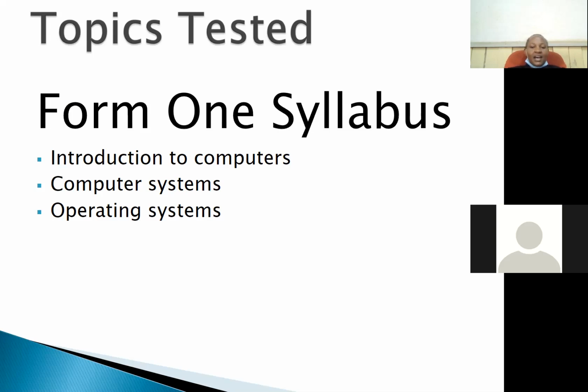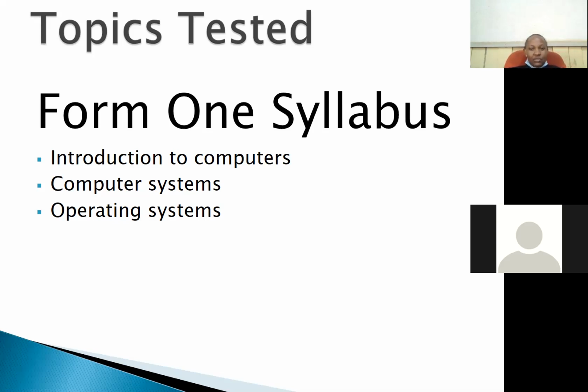We have other things like the generation of computers, and classification of computers. From there, we move on to the computer laboratory, whereby we have the safety measures, and then we have the measures that are meant to protect the users, and measures that are meant to protect the computers. Then still on that, we move on to practical hands-on skills, whereby we look at the booting of a computer.